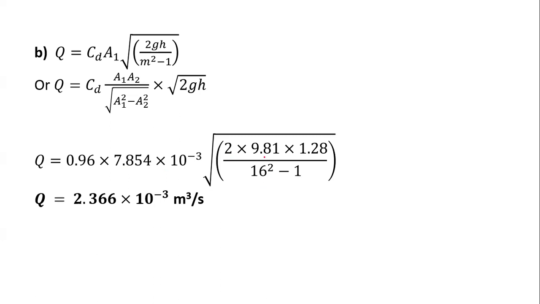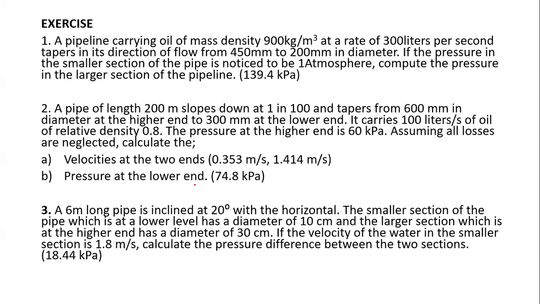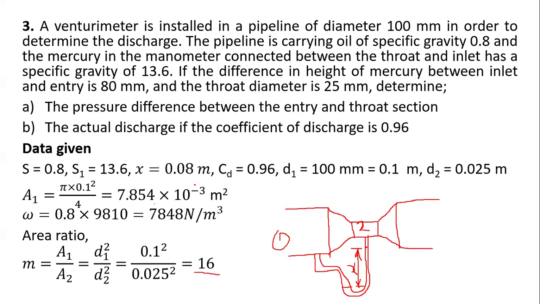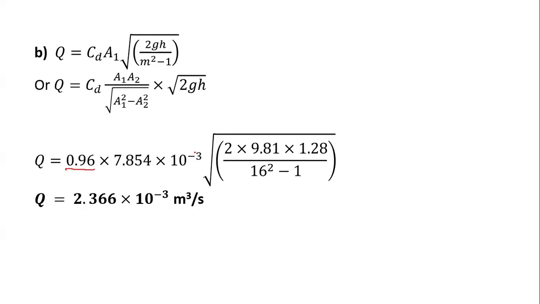Once you do all that, the answer you get is 2.366 times 10 power negative 3. This is our actual discharge. The theoretical discharge we were not going to include. This is our actual discharge, just as the question had requested us to find. So the actual discharge and pressure difference are the ones we've just finished calculating.